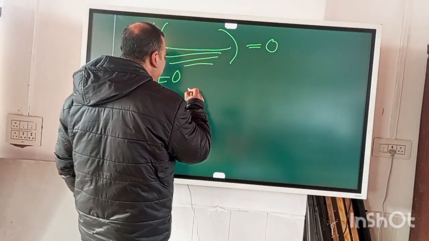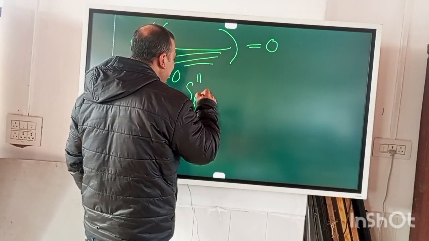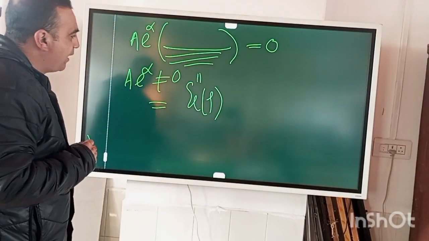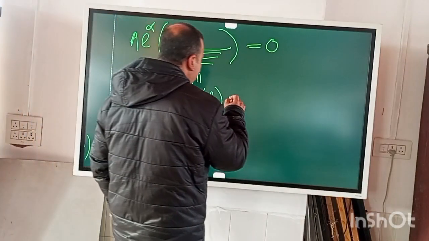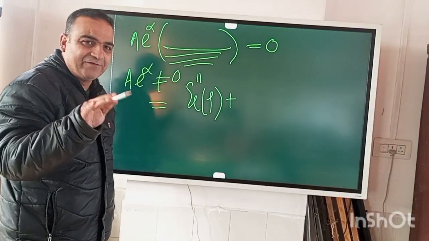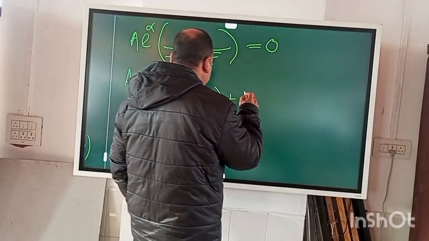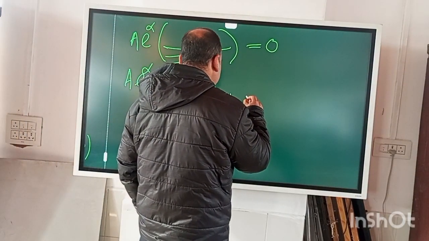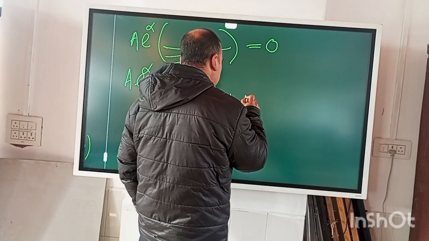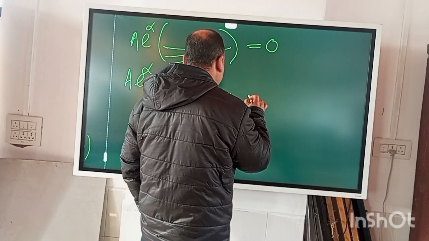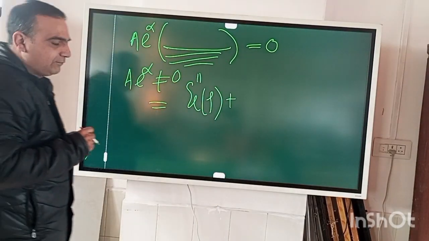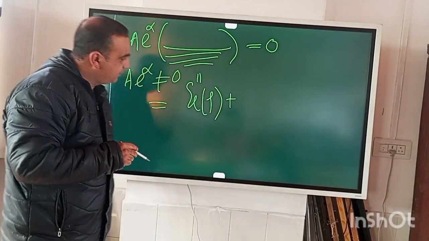So how does that look like? That's like zeta double dash of rho and zeta dash of rho. I'm giving you the short form now, the final one, okay? It will be zeta of rho, zeta dash of rho, and zeta double dash of rho.